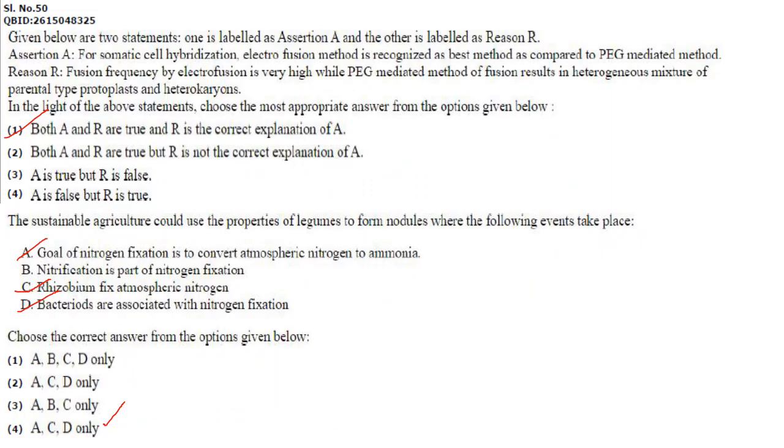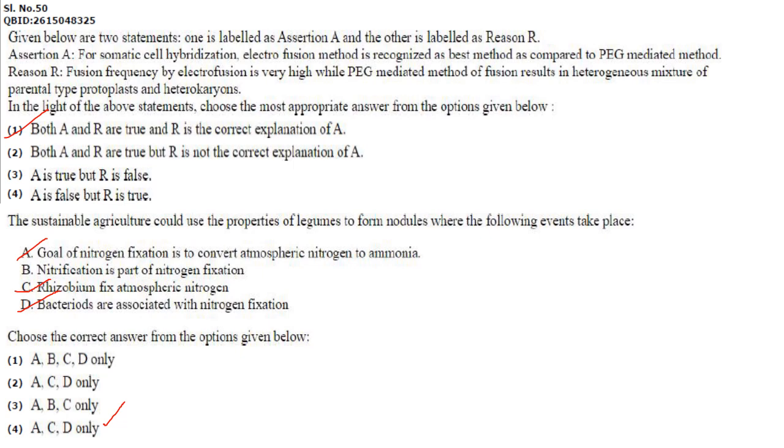Next one. Given below are two statements. One is labeled as assertion A and the other is labeled as reason R. Assertion A: For somatic cell hybridization, electrofusion method is recognized as the best method as compared to polyethylene glycol or PEG mediated method. Reason R: Fusion frequency by electrofusion is very high while PEG mediated method of fusion results in a heterogeneous mixture of parental type protoplasts and heterokaryons.